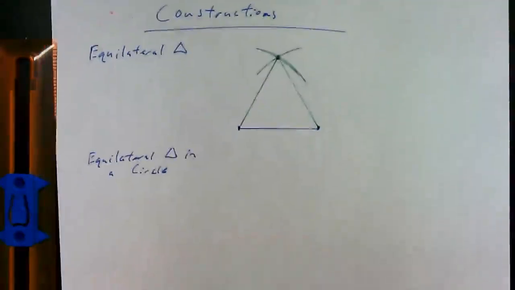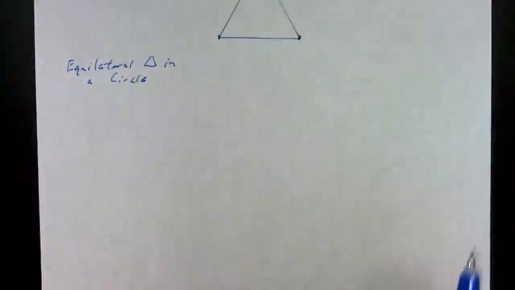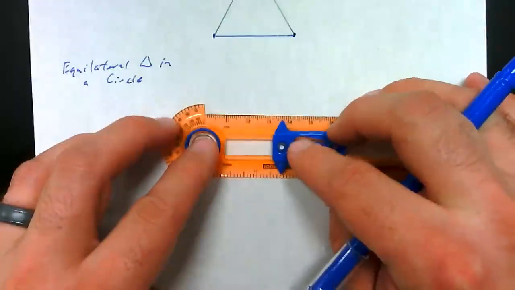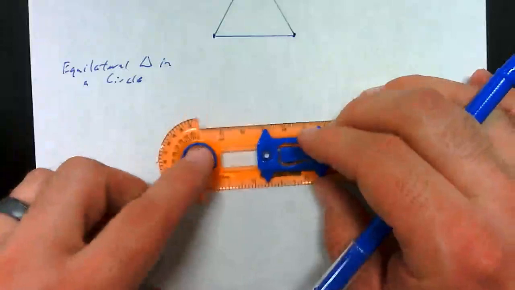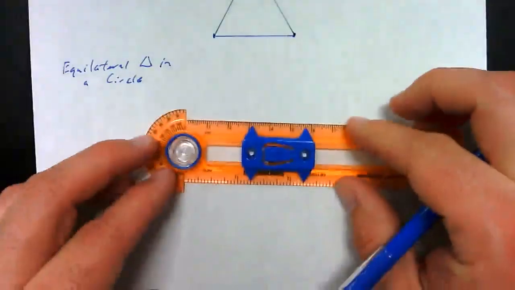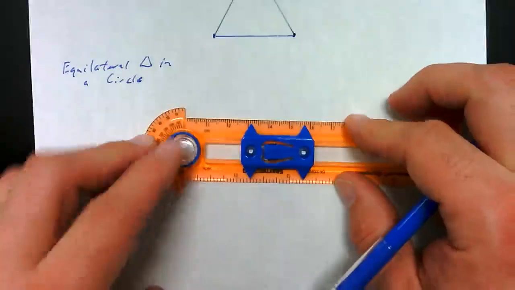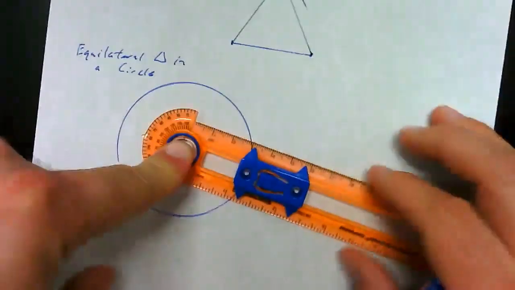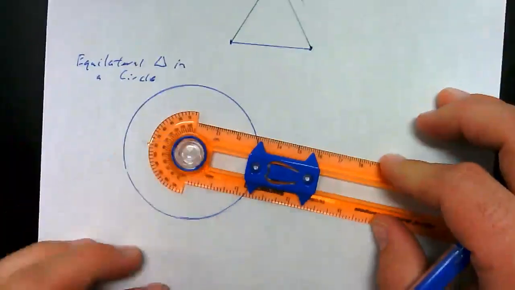In order to do an equilateral triangle in a circle, and I'll do this twice, once with each compass, I'm going to take a compass, and we've done one construction that's very similar to this before. I'm going to mark a point to be the center of my circle. I am then going to take my compass, put it on that point, and swing a circle around that point.